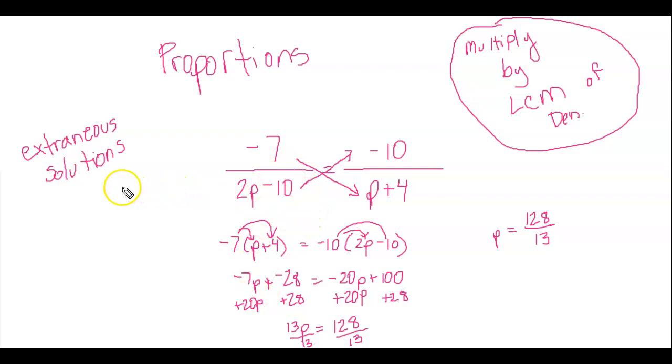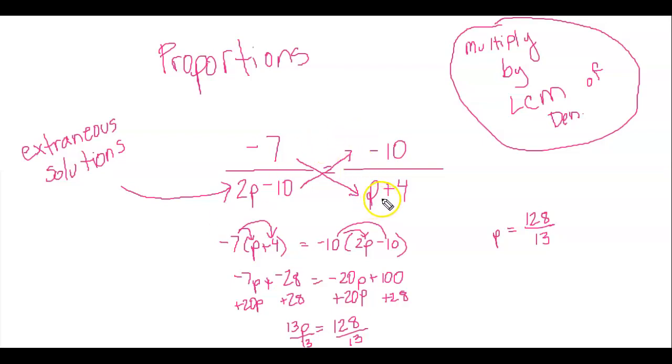And it's because we're dealing with a function that has a restriction. Anytime you're dealing with square root functions, logarithmic functions, or functions that have a restriction, numbers that aren't allowed to be part of that function, you have to watch out for extraneous solutions.